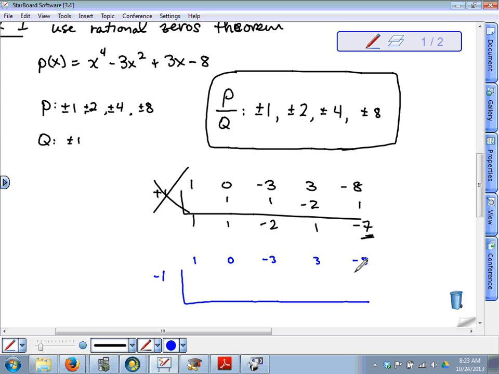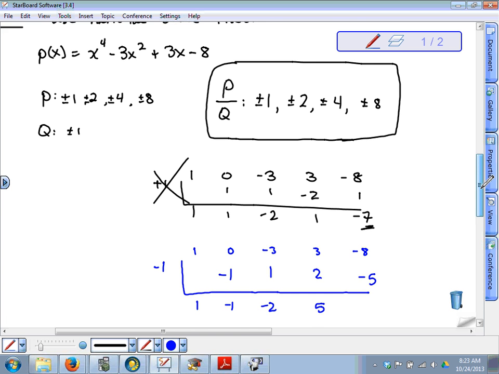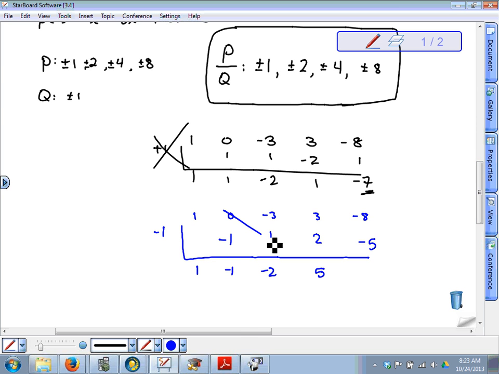Does that work? Does negative 1 work? Well, that doesn't work. Keep trying then.